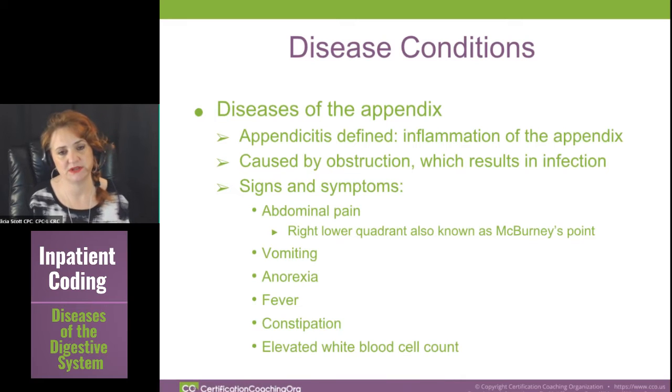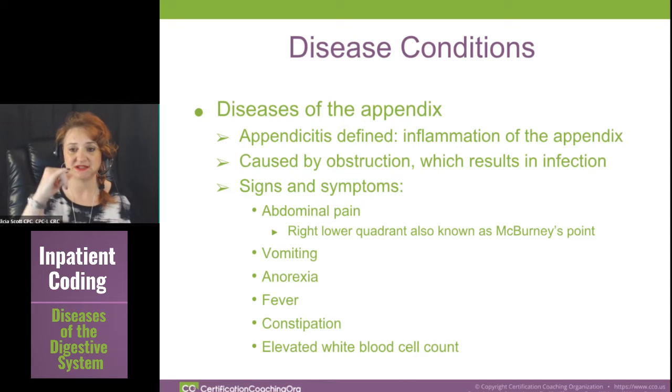Appendix. Well, of course, the most common thing that we think of is appendicitis, and that's an inflammation of the appendix, and it's that little finger. It's not that big, too. It can have an obstruction, and then it becomes infected. So our signs and symptoms is, of course, abdominal pain.